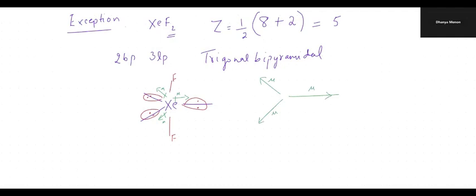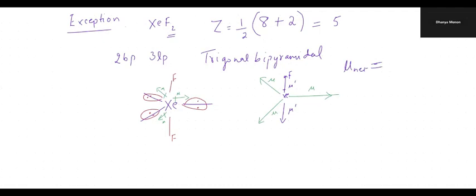They cancel each other. Now, coming to fluorine. Fluorine is more electronegative. So, mu dash, mu dash. The direction is from xenon to fluorine, xenon to fluorine. That is also in opposite directions. So, the net mu is 0.